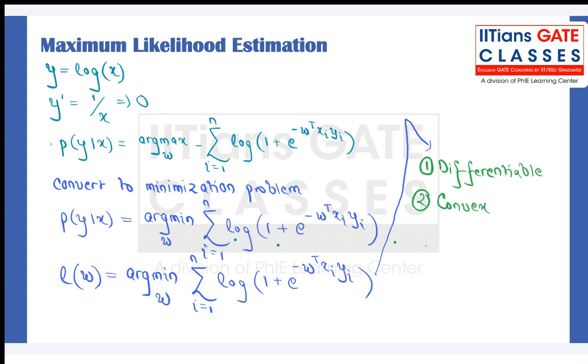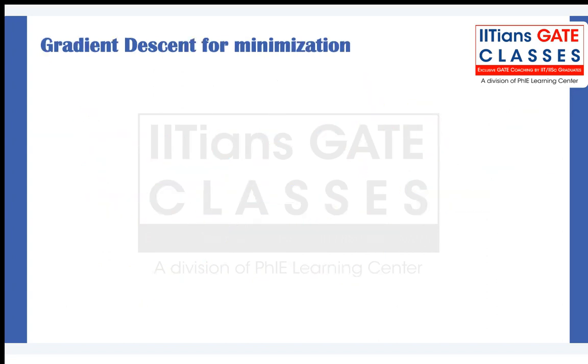Okay. Now, how do we do that? What we do is we follow something called a gradient descent approach for minimizing this problem. We have our loss of W, which denotes the loss function. And what did I tell you some time back? I told you that this function is differentiable, right?